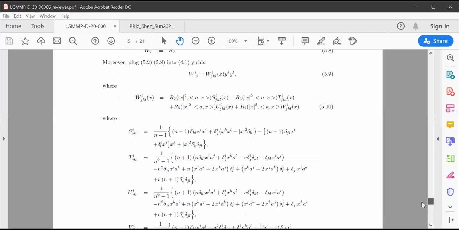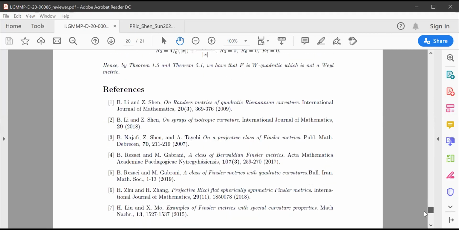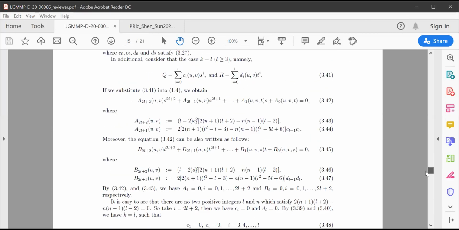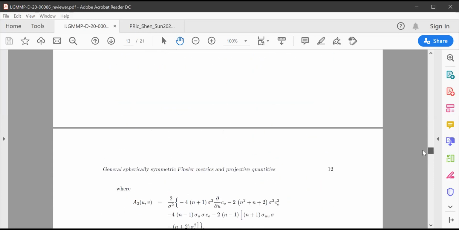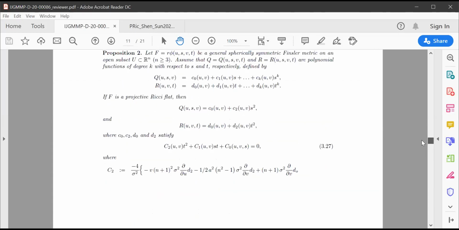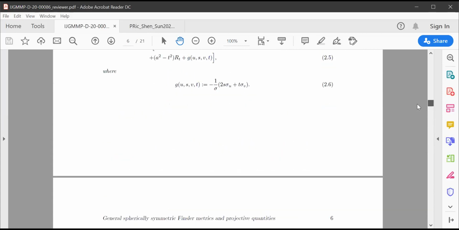So paper 4 is by two Iranian authors, a class of Berwald-volume Finsler metrics, Acta Mathematica, a journal in Hungary. All right, so that paper has formulas. Let's assume that. So they started to do general spherical metrics on different problems. Okay, so let's go back. Okay, quickly see.